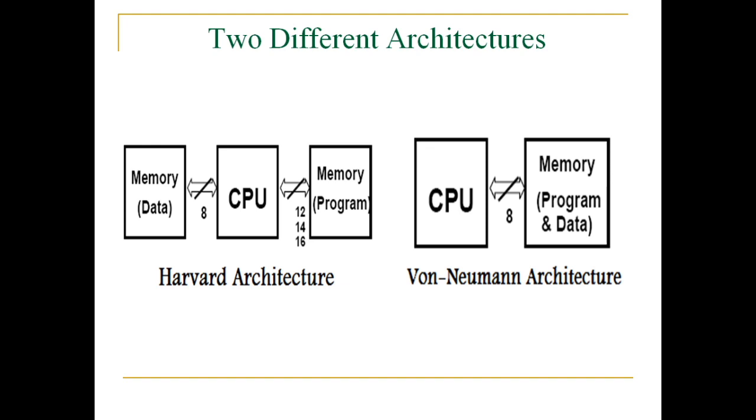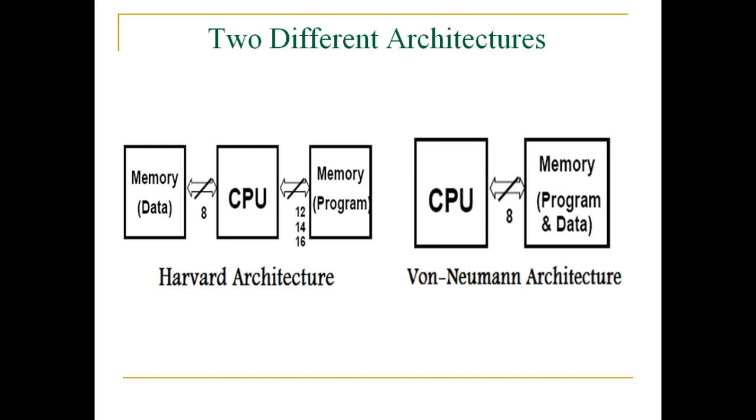Whatever embedded devices you are going to design, you will be dealing with these two types of architectures generally. One is known as Harvard architecture, the other is known as John von Neumann architecture. So what do you mean by Harvard architecture? In the Harvard architecture, you will have a CPU, and a separate data memory and a separate program memory will be there.